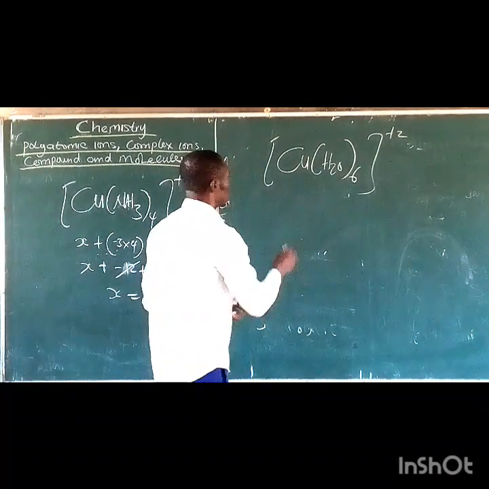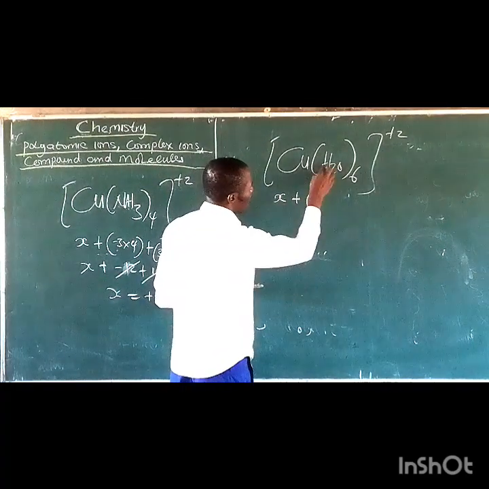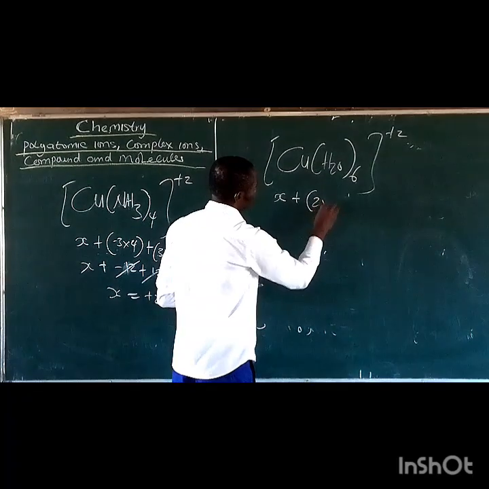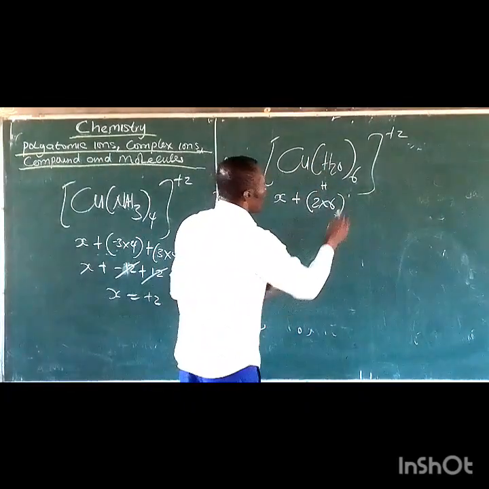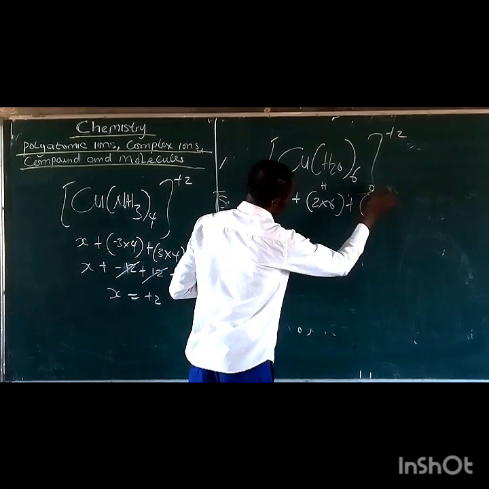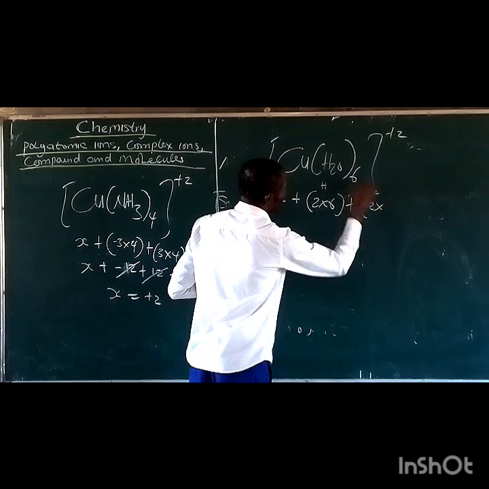Anyhow, let's continue. So this is x plus, we have hydrogen. Hydrogen is 2 here, so 2 times 6. So this is 2 times 6 for hydrogen. For oxygen, oxygen is minus 2 charge, so minus 2 times 6.